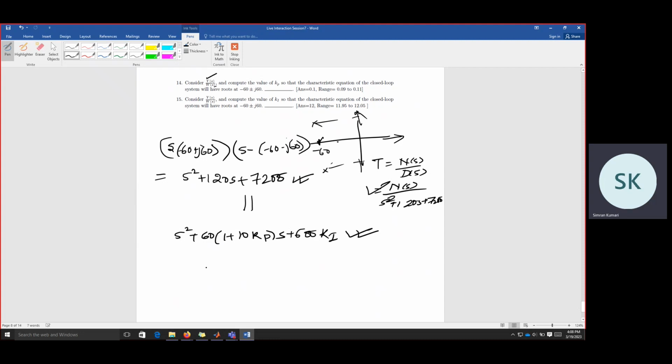What we can say is that 61 plus 10 Kp is equal to 120 and 600 Ki is equal to 7200. Now if you solve this, we get Kp equal to 0.1 and Ki equal to 12.